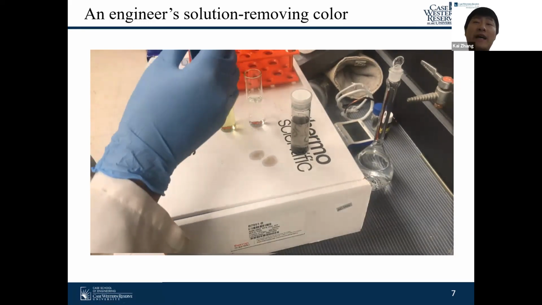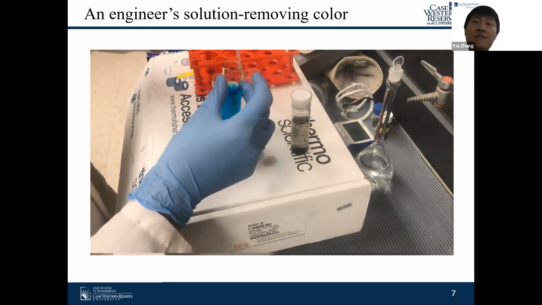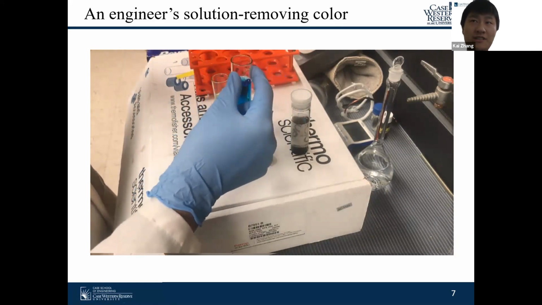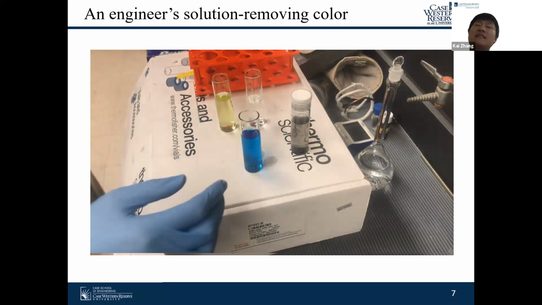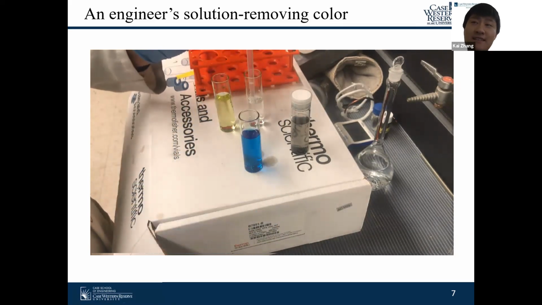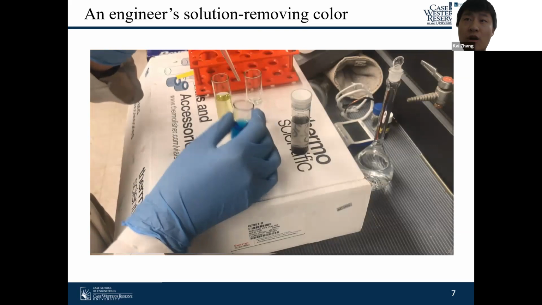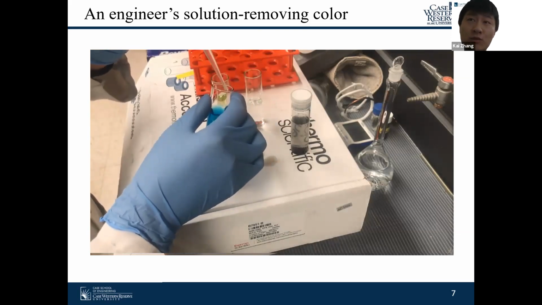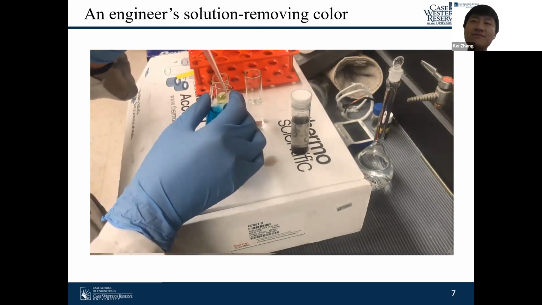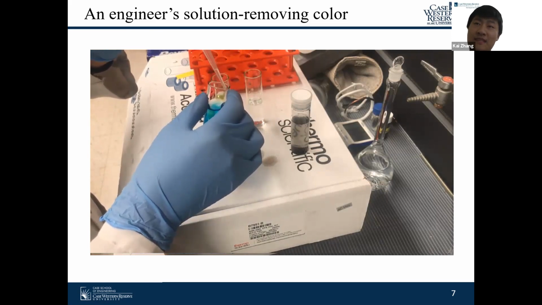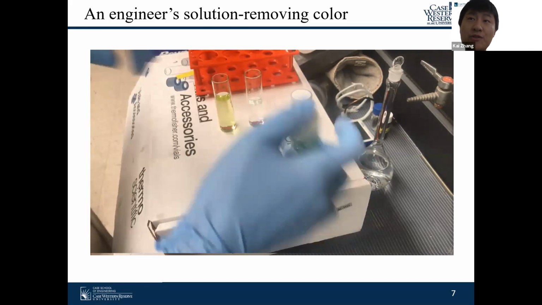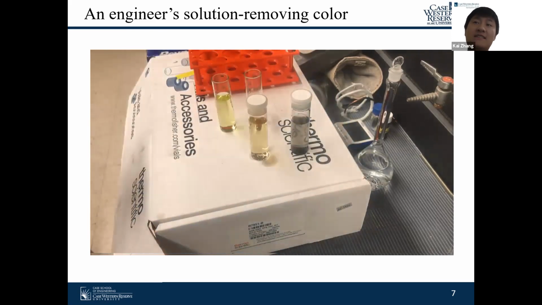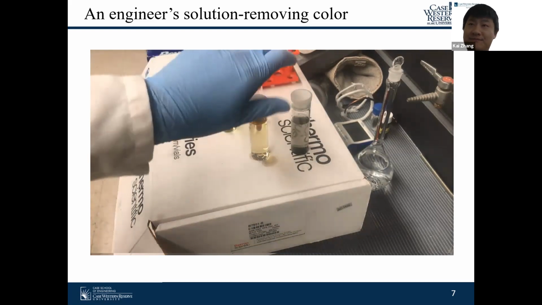We just need to add a few drops of the first solution, and then a few drops of the second solution. Remember to shake, and the blue color is gone.